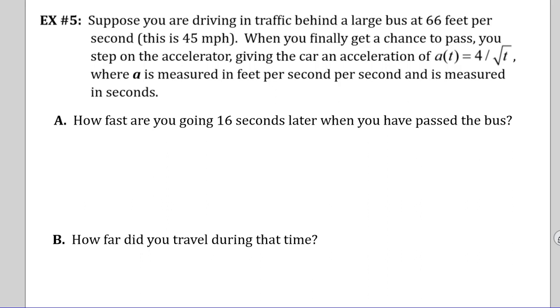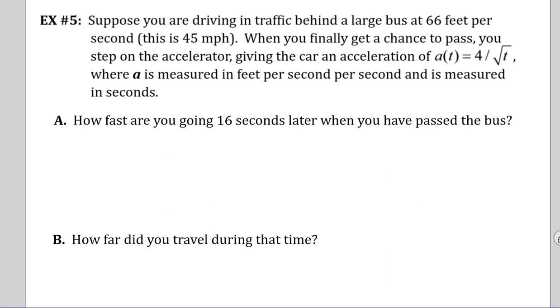How fast are you going 16 seconds later when you have passed the bus? Okay, we've got a lot going on here, but still, this is kind of like trying to figure out position, except now we're doing acceleration. When we back this up, what it's going to give us is the current velocity.